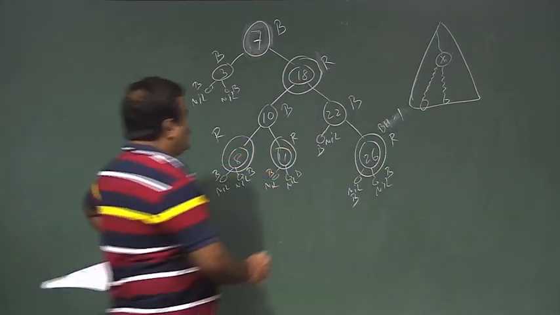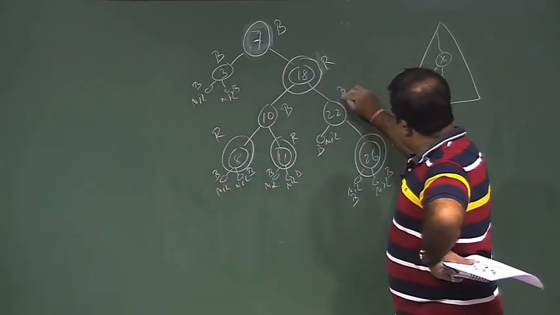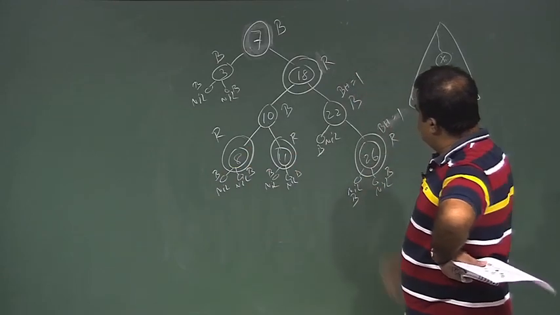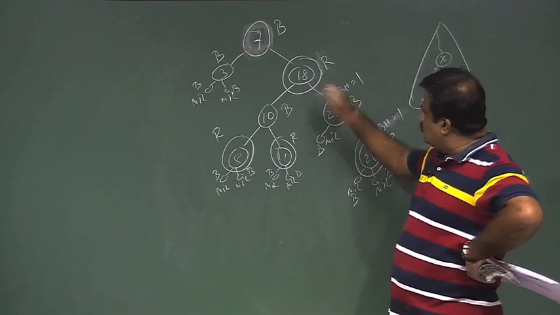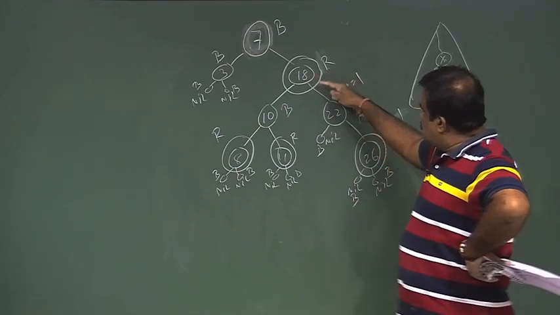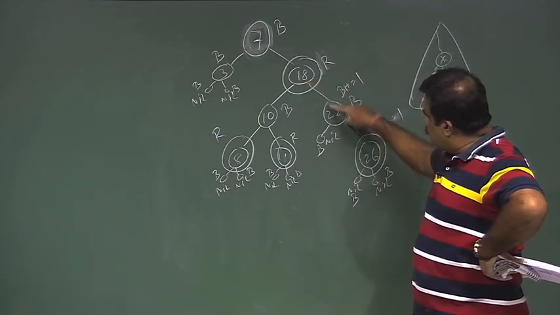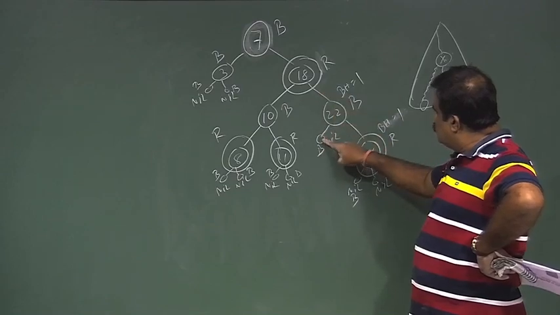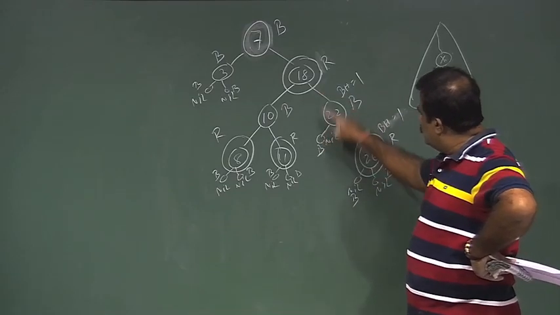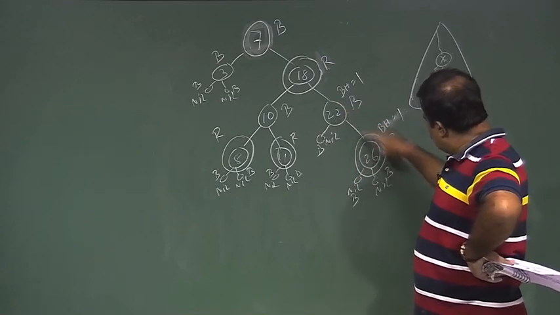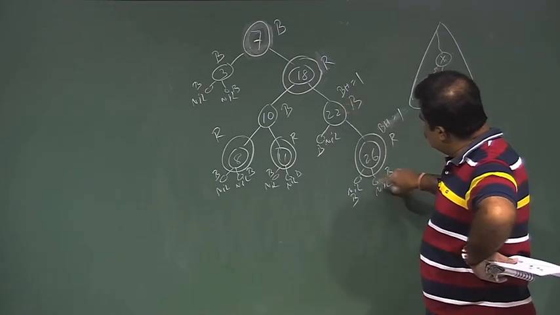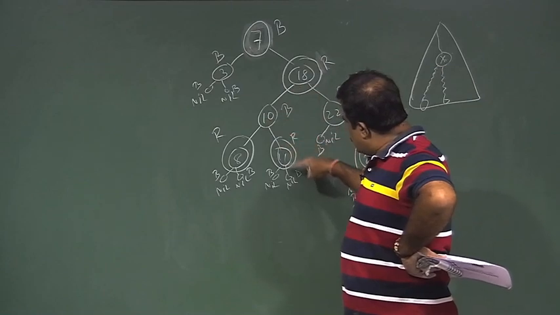So, that means the black height of this node is also 1. Now, consider this path from this to this: 2 black nodes, 1, 2. Consider this path, 1, 2. Consider this path, 1, 2.